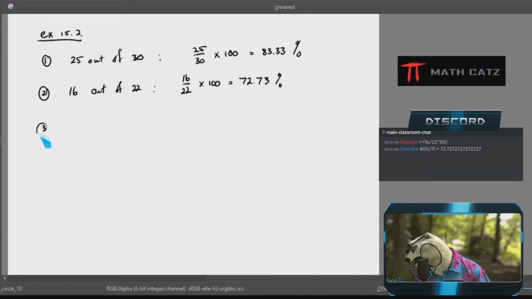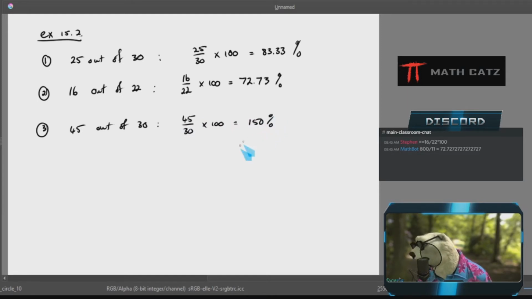I'll take it. And the last one, we got, for some reason, there was a ton of bonus questions. And we got 45 out of a possible 30. Bonus questions, yeah. Still make my fraction. Times by 100. I should get 150%, right? It's a very strange test, but let's take it. I'm not going to say no. 150%? Okay, I'll take it.